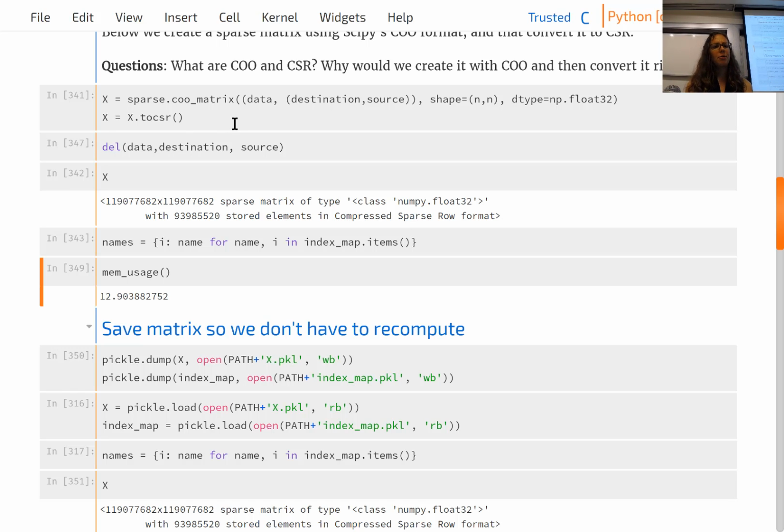So we used coordinate form to create a sparse matrix, and then we switched to compressed sparse row format. And why did we switch?